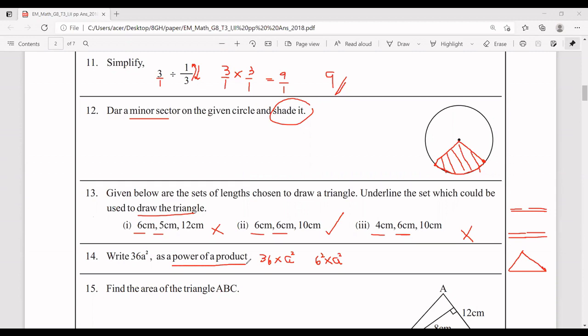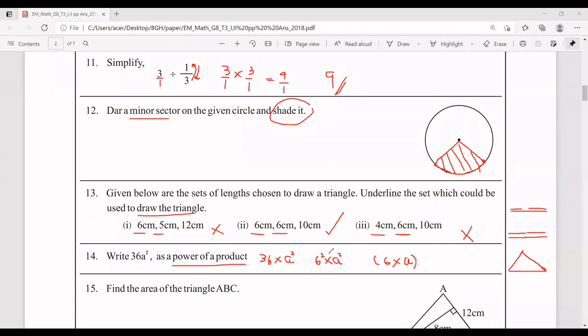Power of a product. So you have to take these indices out of the bracket and put the bases of these powers inside the bracket. What are the bases? Here the base is 6 and the other base is a. So 6 into a.